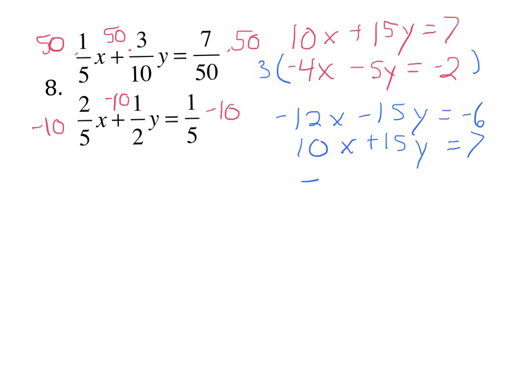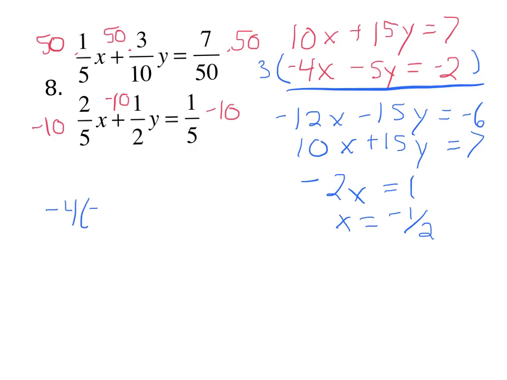So that will give us a negative 2x equals 1. So x will equal negative 1/2. And then I just need to plug that in to find y. And I am going to plug that into this equation. So negative 4 times negative 1/2 minus 5y equals negative 2.